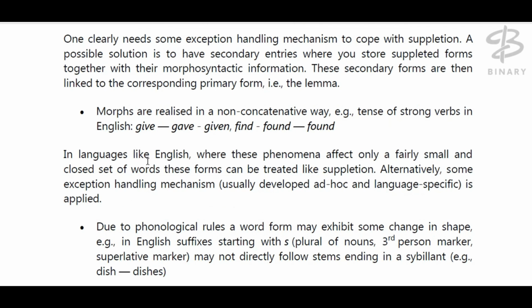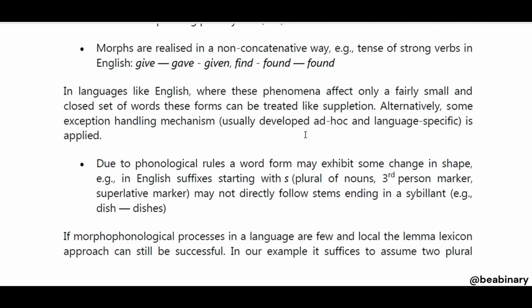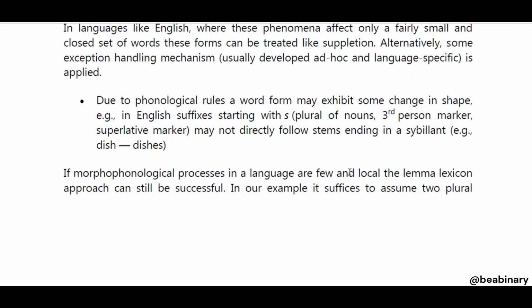So in a language like English, where these phenomena affect only a fairly small and closed set of words, these forms can be treated like suppletion. So alternatively, the exception handling mechanism that we use is developed ad hoc, or that is your language specific.